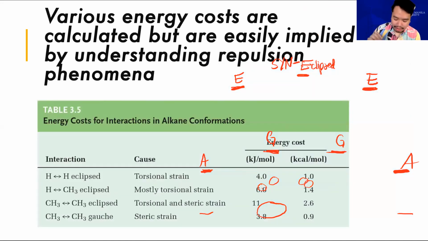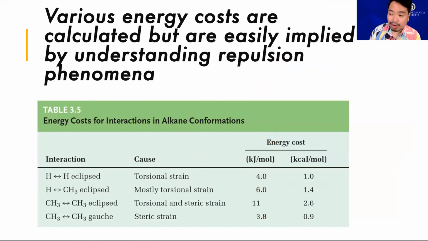Now, when molecule structures become even more complex, you can't just visualize it on your own, because you'll have other groups aside from hydrogens on the carbon. So how do we find out if it's the most stable or the least stable form of a molecule? You'll have to use energy cost tables. They're long tables that tell you the energy cost of certain interactions.